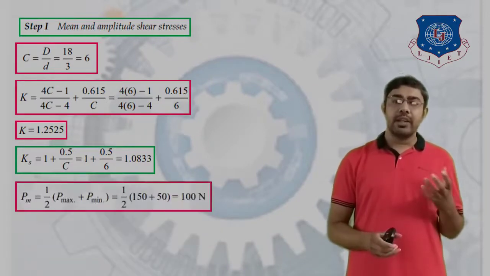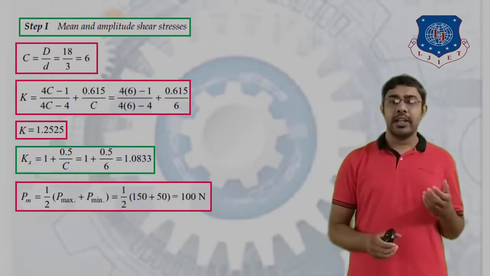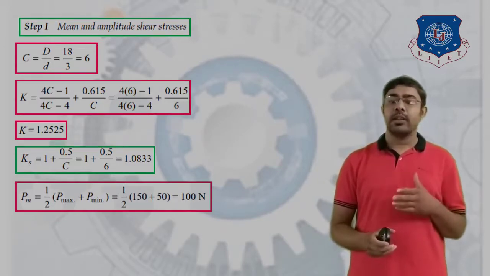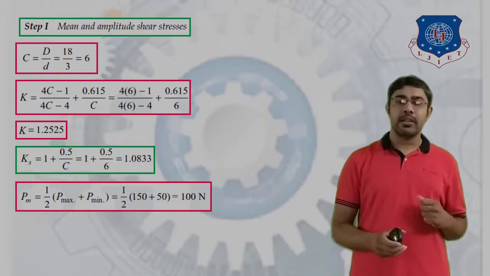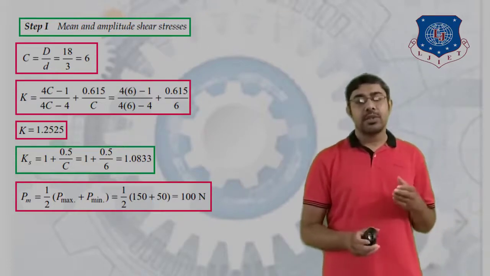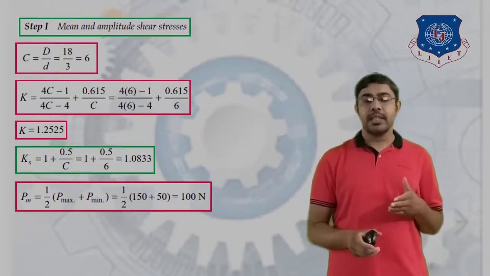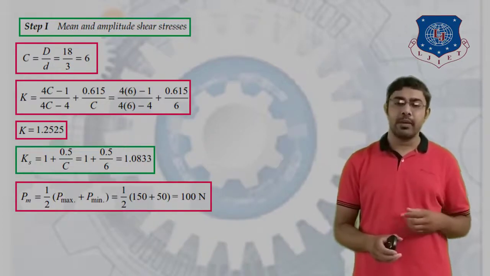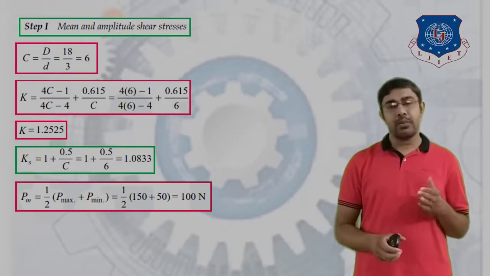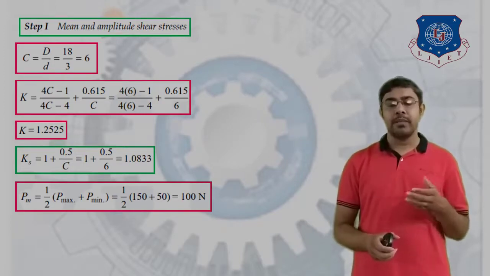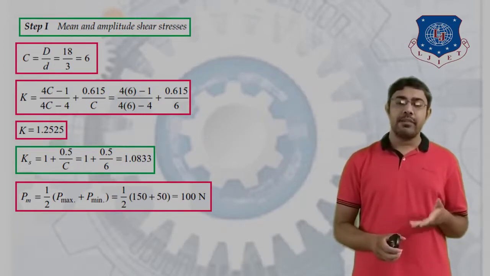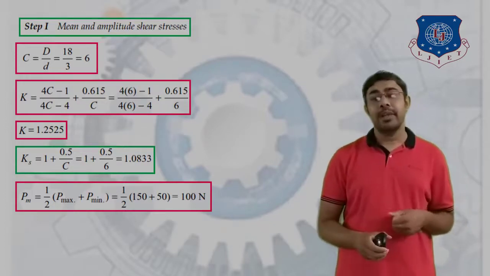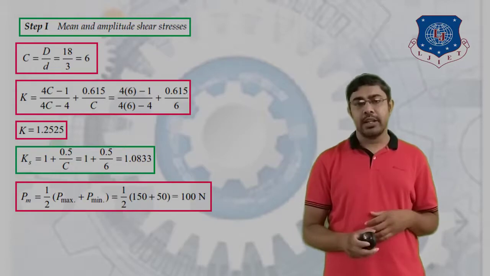For that we also calculate the mean force and amplitude force: mean force for the mean stress and amplitude force for the amplitude stress. We know the mean force Pm is equal to half of (Pmax plus Pmin). Here Pmax is 150 and Pmin is 50, so we get Pm equal to 100 newtons.